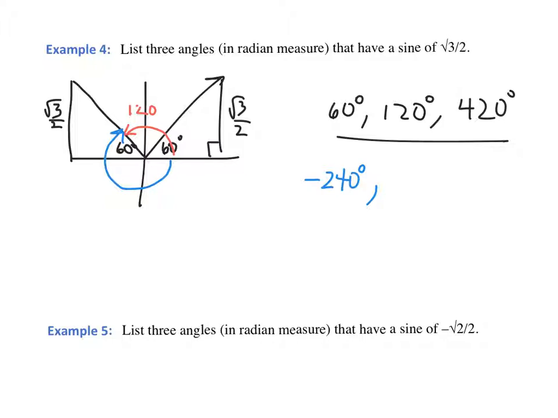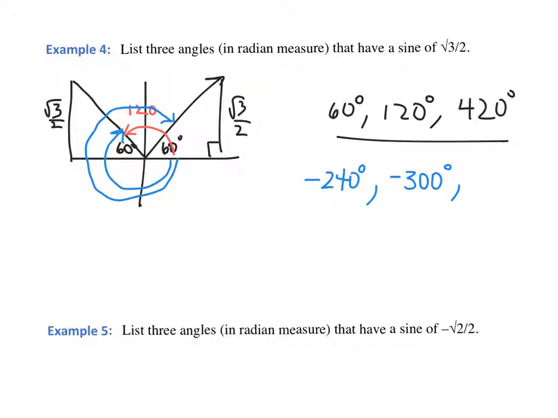Okay? So if I start back over here and I went all the way around and ended on this second terminal side, what would that be? Negative 300. Okay? And then remember the third one that you just have to go back and add the 360 to the 240, or in this case, you have to add a negative 360 because you're going in a negative direction.